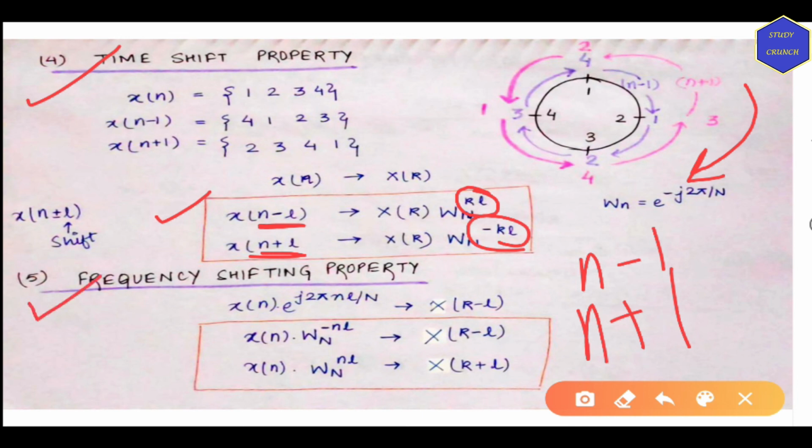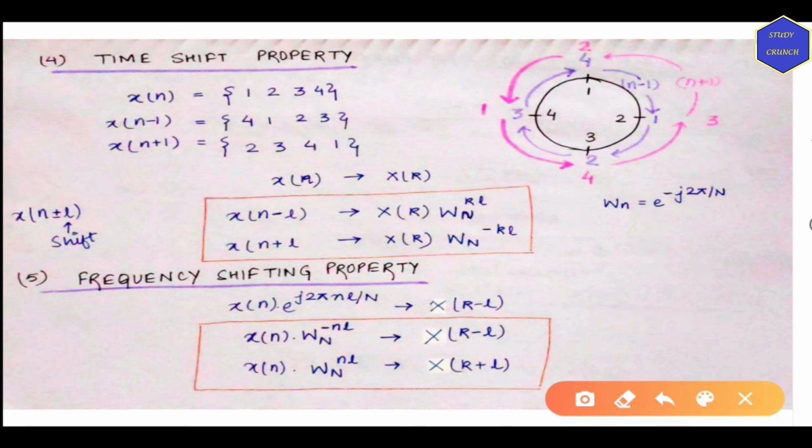Frequency shifting property. Frequency shift is if we have the formula X of k minus L. So again for k minus L we have minus nL, and for k plus L it will be plus nL.